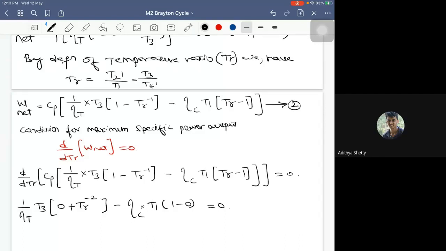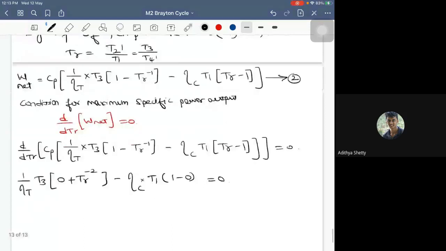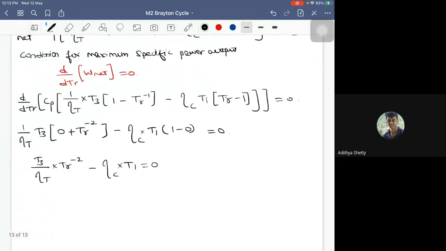What to do next? T3 divided by efficiency of the turbine into TR whole to the power of minus 2 minus of efficiency of compressor into T1, that is equal to 0. Now TR to the power of minus 2 is equal to efficiency of compressor, efficiency of turbine into T1 divided by T3.